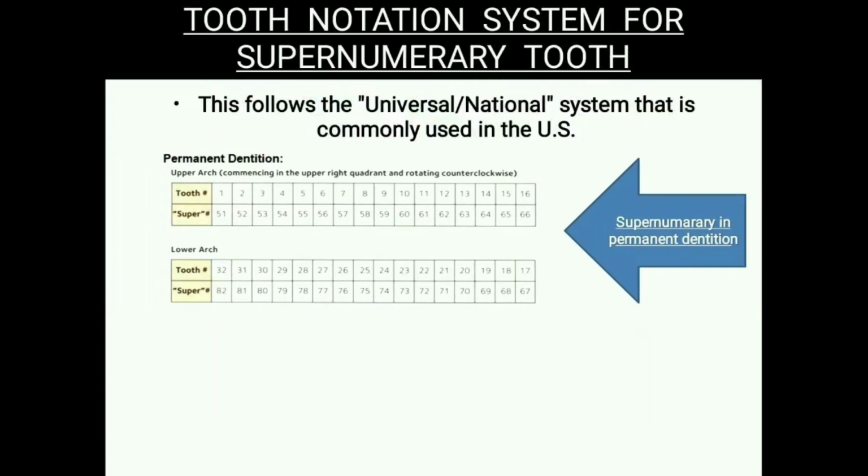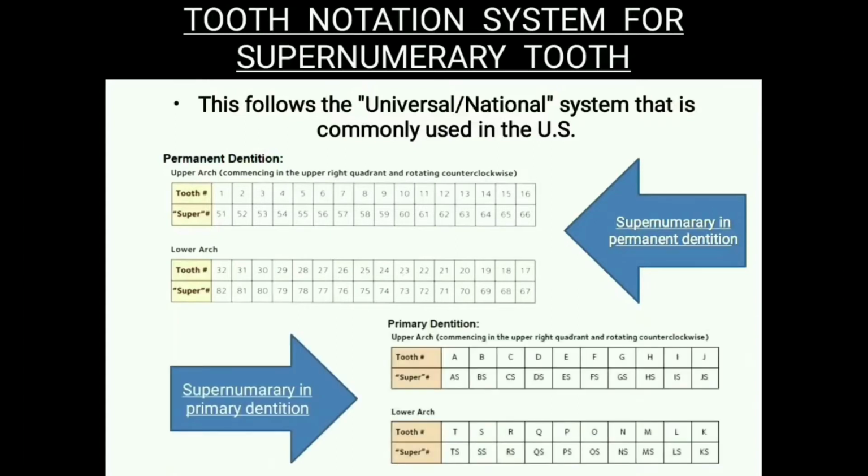So this will show that the supernumerary tooth is present adjacent to the upper right third molar. For deciduous dentition, simply the alphabet S is added on the right side of the original alphabet used for deciduous dentition. So it is easy to remember, and for recording data in computers also it is easy.